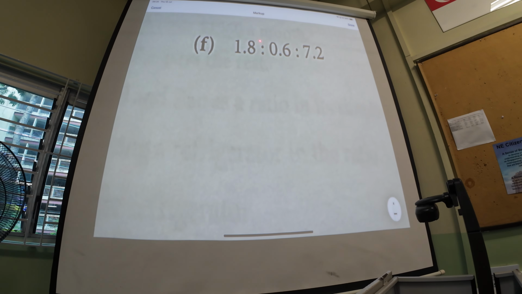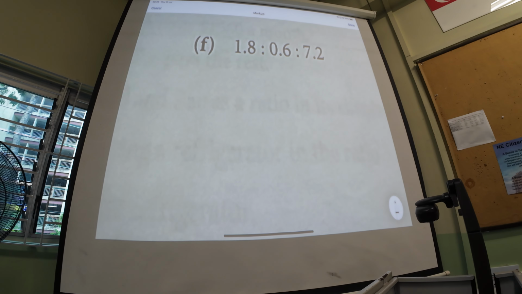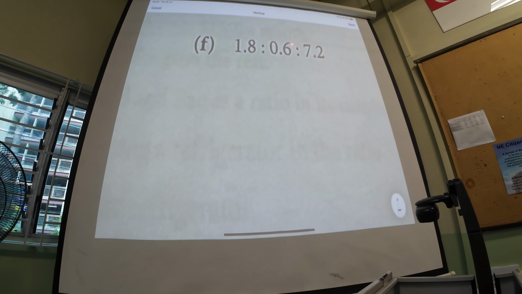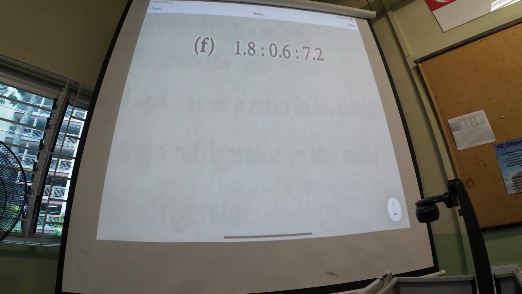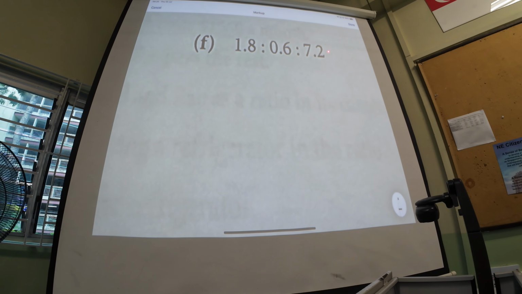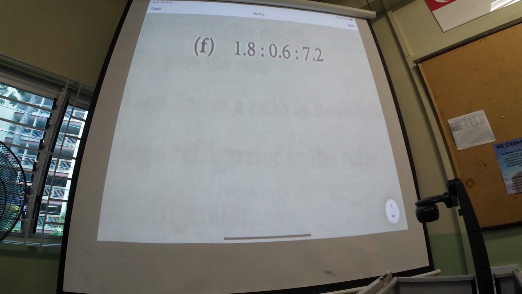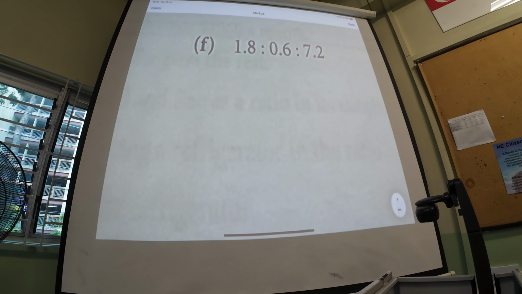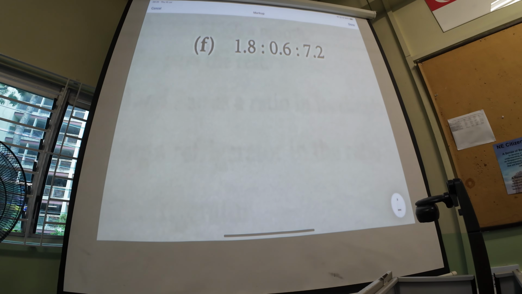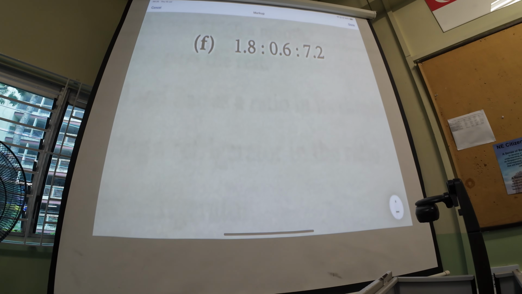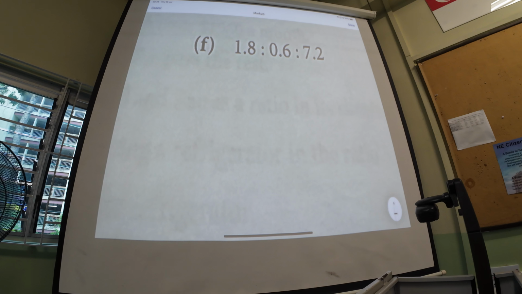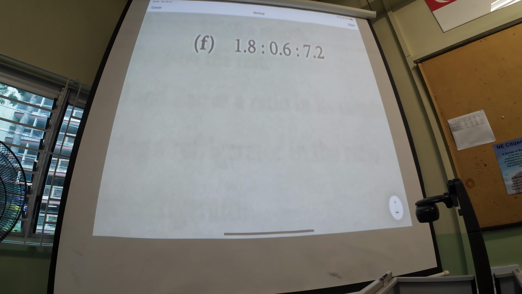When I multiply by 10, this one will become 18 instead of 1.8. Then no decimal already. Similarly, multiply by 10, 0.6 will become 6. No decimal. 7.2 I multiply 10 will become 72. Also no decimal. So the easiest way is to multiply 10 first to everything. You want to multiply one, you have to multiply the same thing to all the others. Okay?